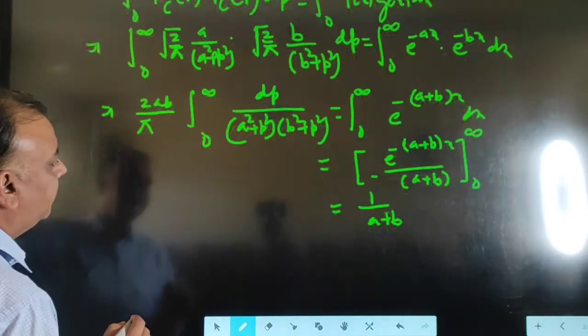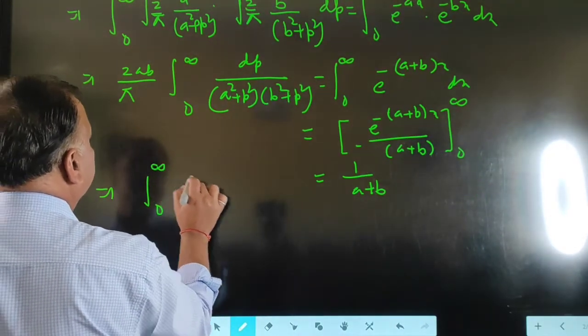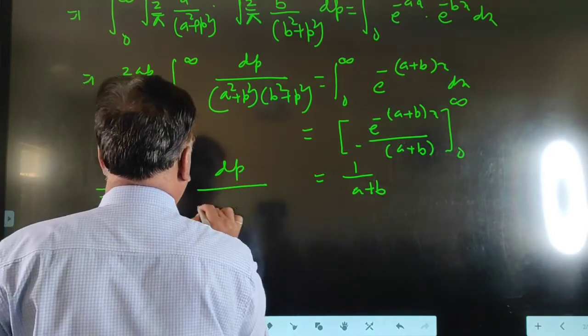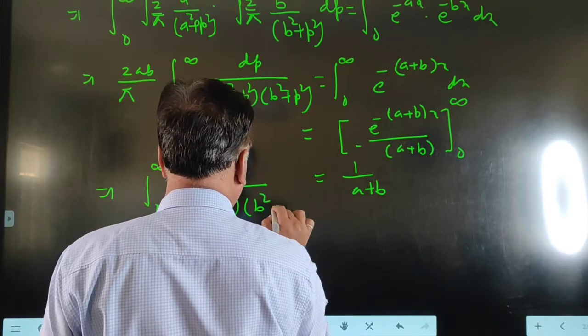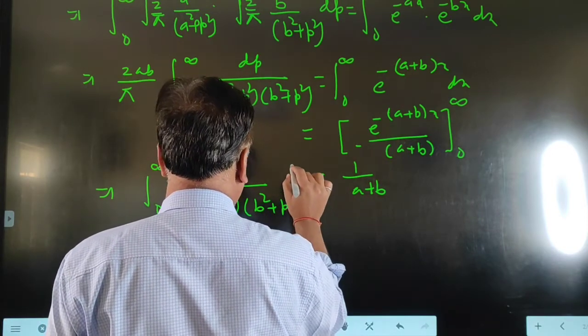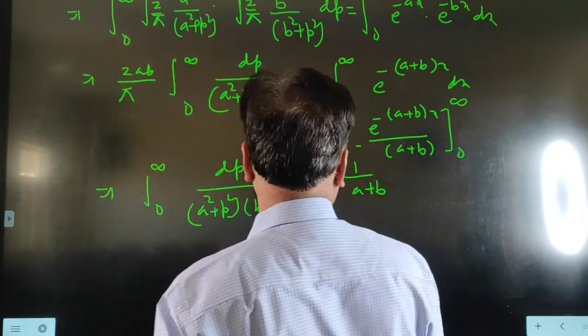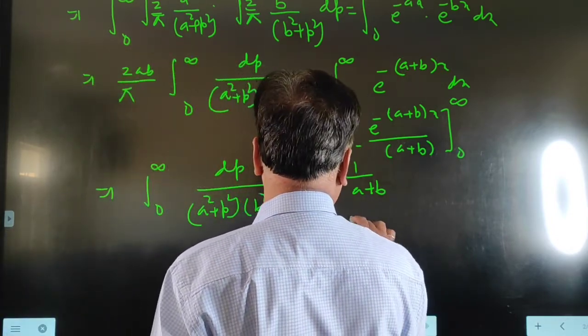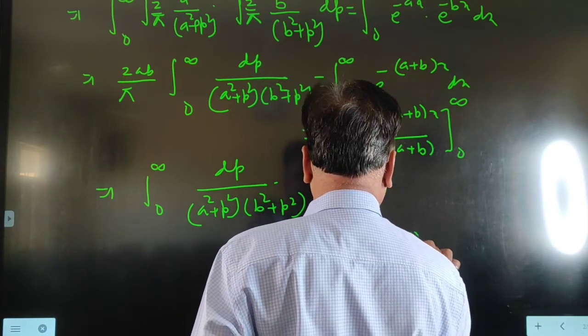So we get the value of the integral 0 to infinity dp upon a square plus p square into b square plus p square. This is equal to pi upon 2ab into a plus b.